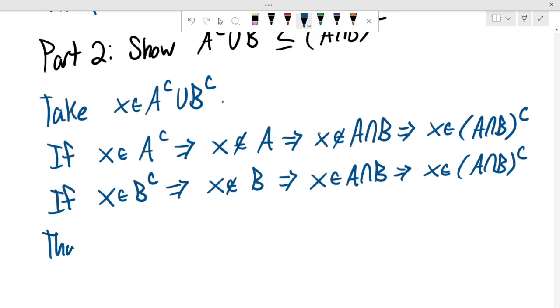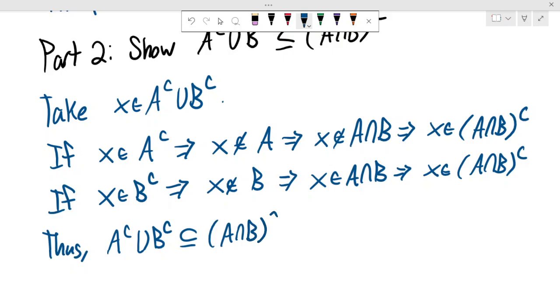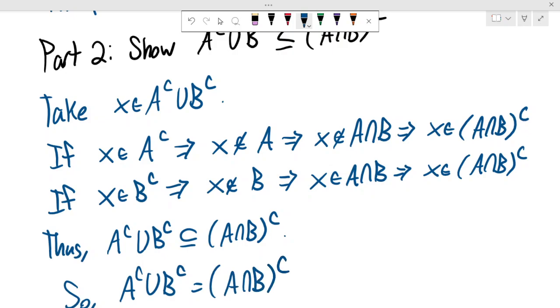So thus, we have A complement union B complement is contained in A intersect B complement. So overall, this tells us that A complement union B complement is equal to A intersect B complement.